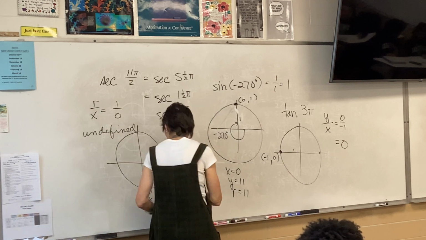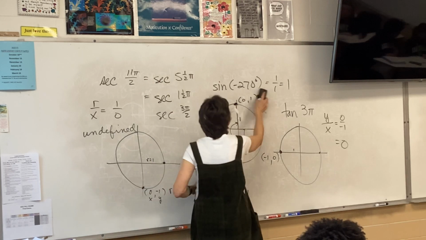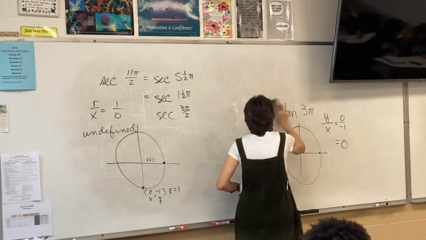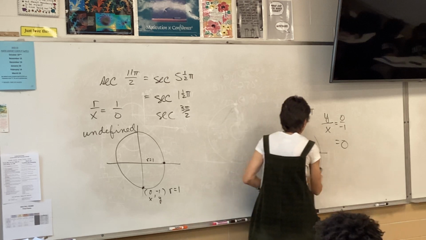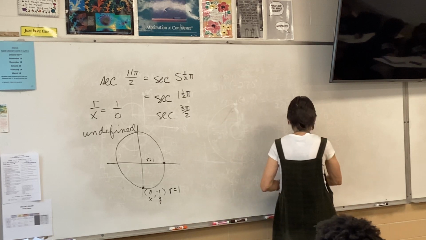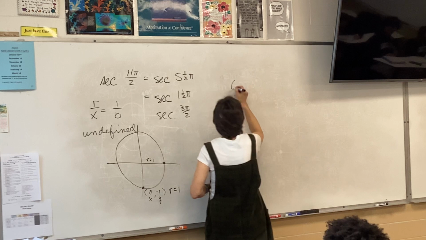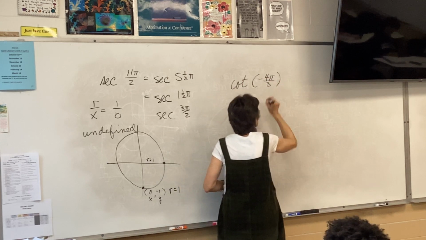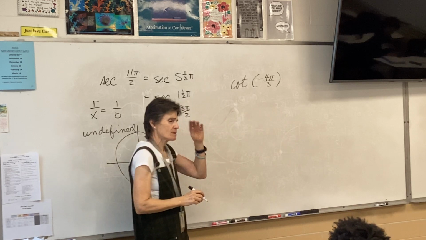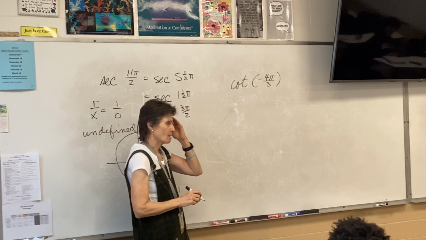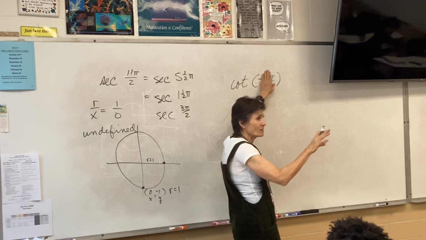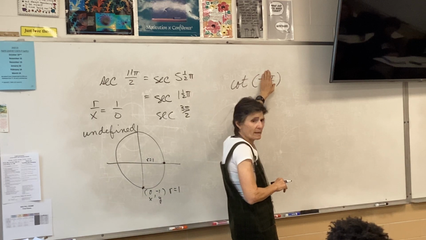All right, one more of these guys. Cotangent of -4 pi over 3. -4 pi over 3 is not quadrantal. Mrs. Ford, how do you know that? Well, what did we say pi was in degrees? 180.